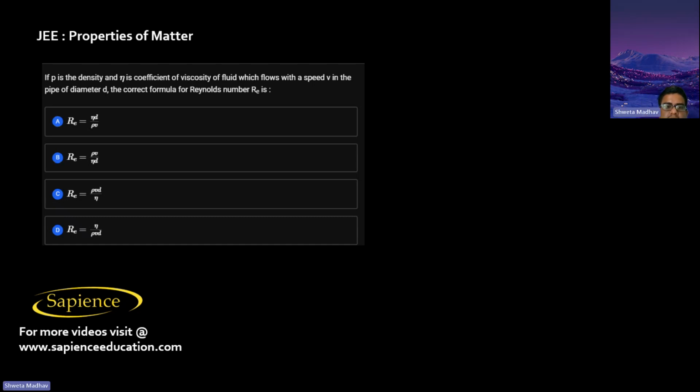It is told that if rho is the density and eta is the coefficient of viscosity of the fluid which flows with a speed v in a pipe of diameter d, what is the correct formula for Reynolds number Re?